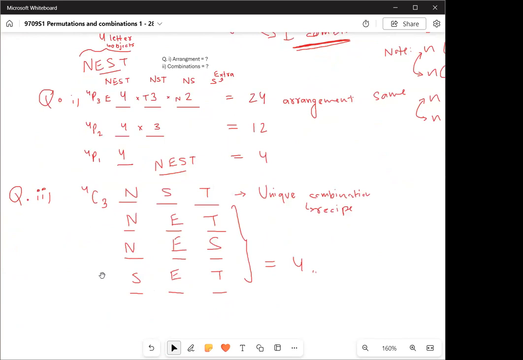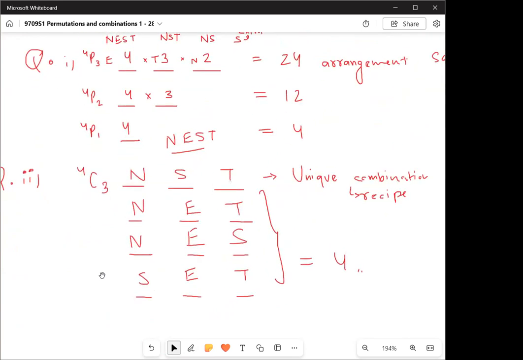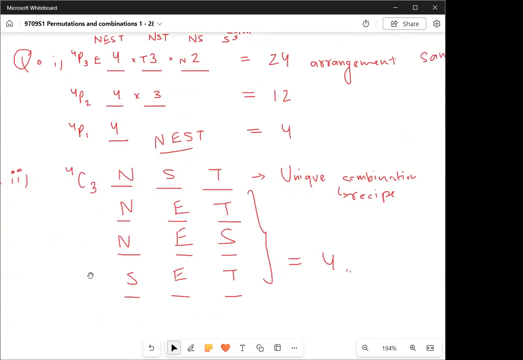Unique arrangement without repetition, or unique combination, right? Arrangement doesn't matter here. When you say unique arrangement without repetition, that's like saying no arrangement. Just put it in the bag. We don't care how you put it. Just throw it in.